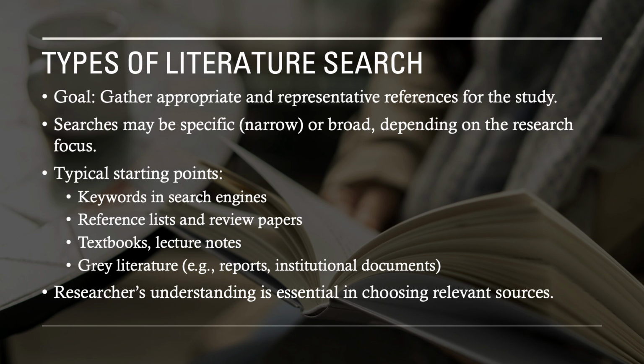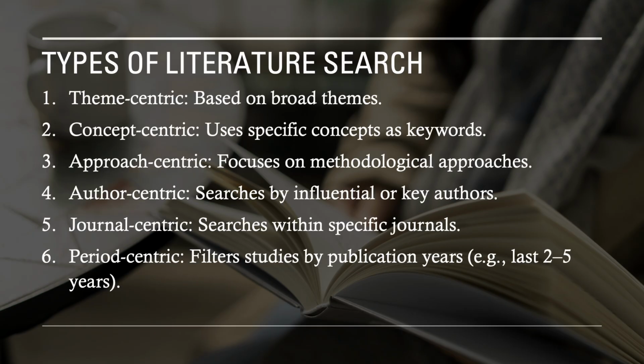Chigbu et al., 2023, also describes several forms of literature search that researchers may use depending on their needs. A theme-centric search looks at broad themes, while a concept-centric search focuses on specific concepts or keywords. In an approach-centric search, the literature is selected based on methodological approaches relevant to the study.